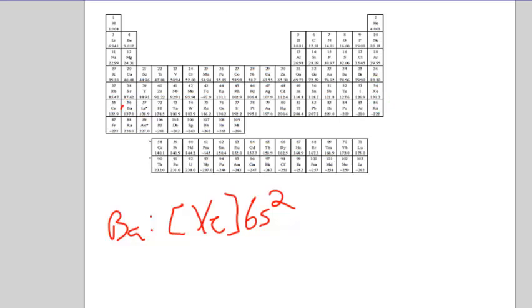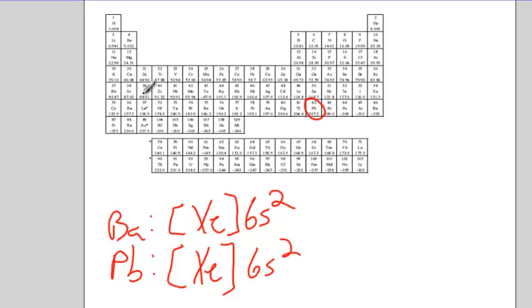Let's do another. Let's try lead, which is number 82. Okay, again, it's going to be xenon. So now we're back here to the 6s, 6s2. Don't forget, here's where the f's come in.